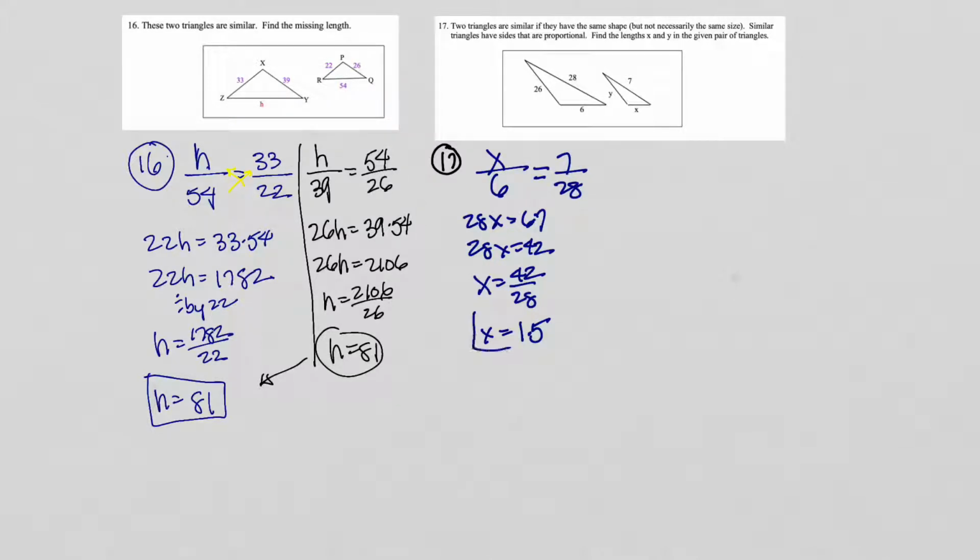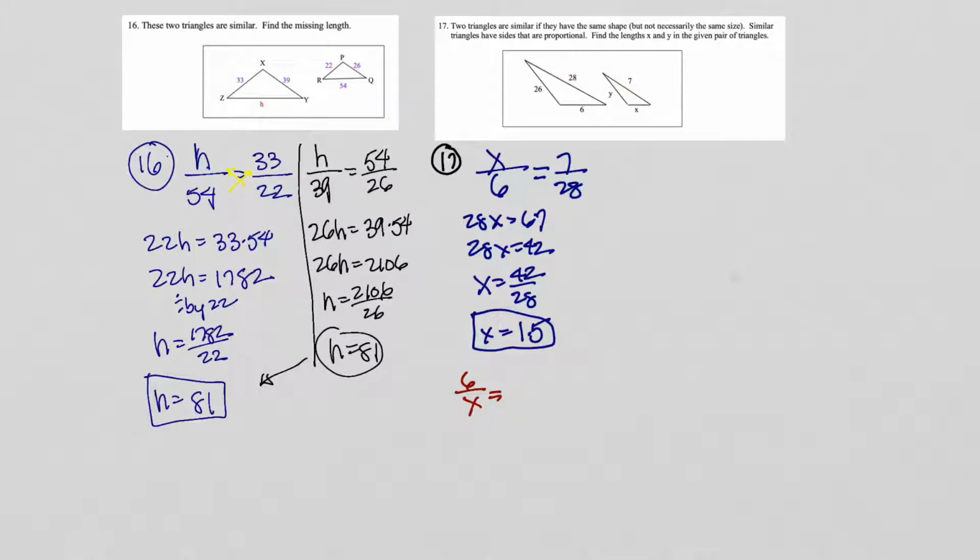So we've got x. Now, what I did here is I did this is to this. What if you were thinking 6 is to x as this is to this? What if you wrote it in a different way? 6 is to x as, the left triangle base is to the right triangle base as the left triangle right side is to the right triangle right side.